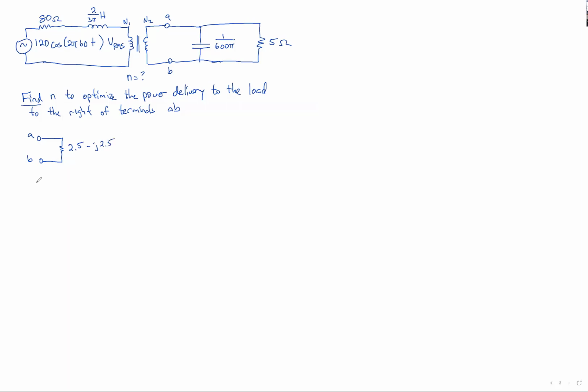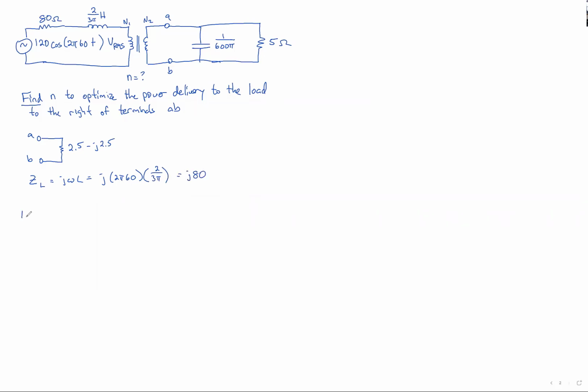And we need to find out what our impedance is of the inductor. That's going to be j omega L, which is j 2 pi 60. There's our omega. Our L is 2 over 3 pi. So that gives us j80.